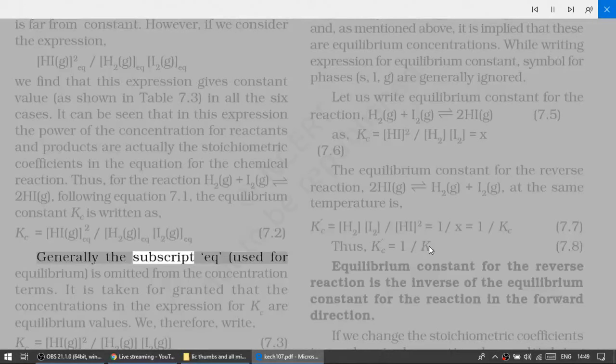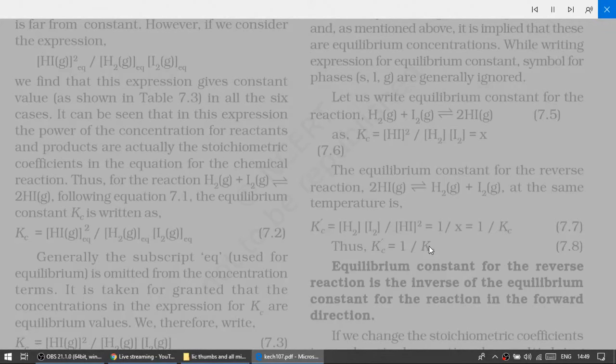Generally the subscript eq used for equilibrium is omitted from the concentration terms. It is taken for granted that the concentrations in the expression for Kc are equilibrium values. We, therefore, write Kc = [HI(g)]^2/[H2(g)][I2(g)] (7.3).